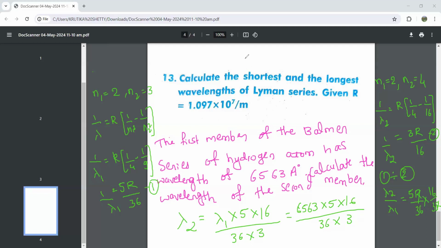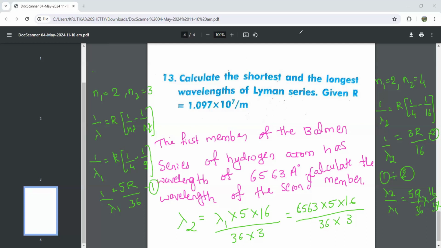So 6563 into 5 into 16 divided by 36 into 3. Yes, correct. Very good.